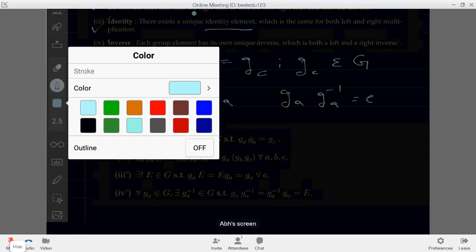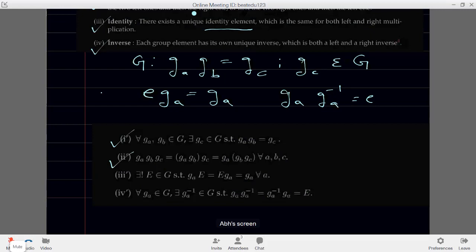This is associativity property. This one talks about the existence of an identity element, which is E. As you see, when you multiply any element with E, you get the same element back. And the last one talks about an inverse. So every group element should have an inverse.